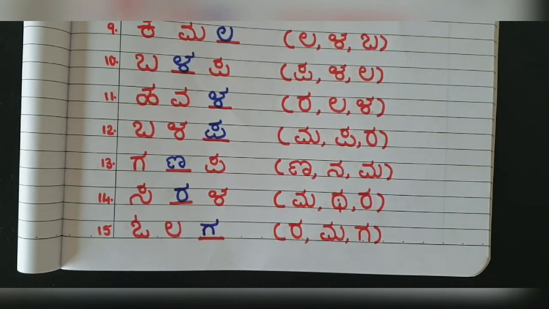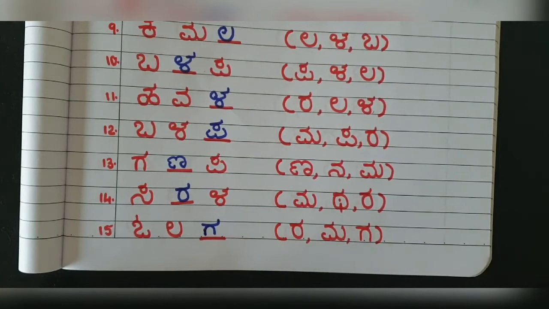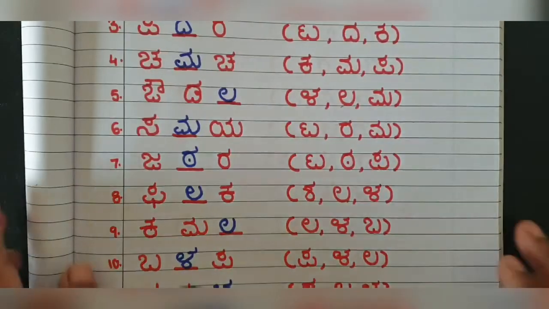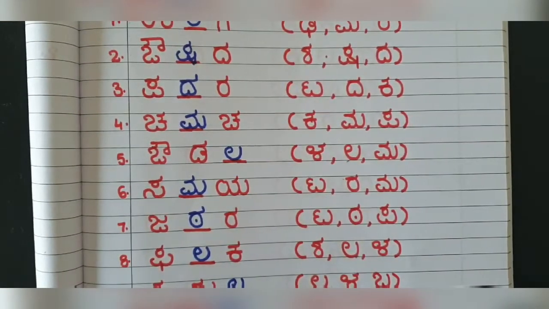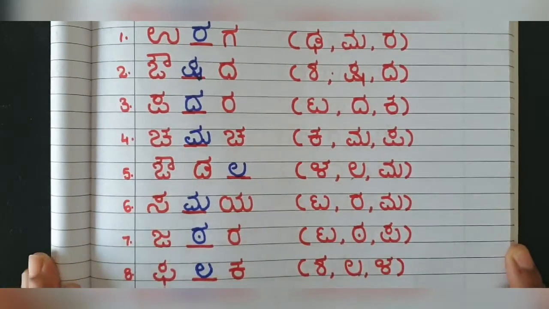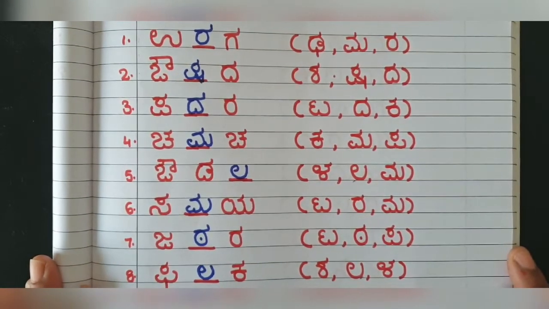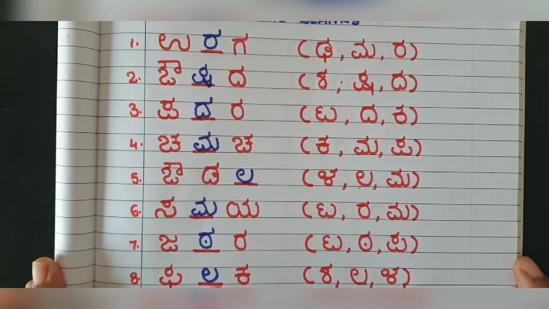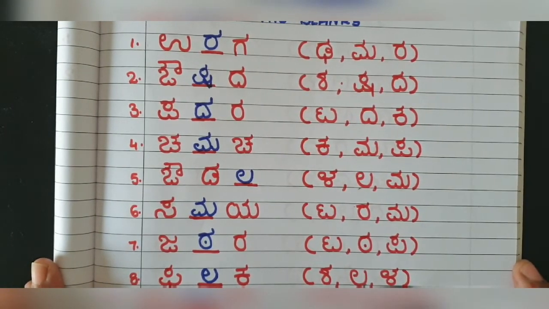This kind of questions definitely come in your test and in your final exam. So be prepared for it. And I will try to cover as many letters as possible. So go through this video once again if you want to master it. Try to do this activity.